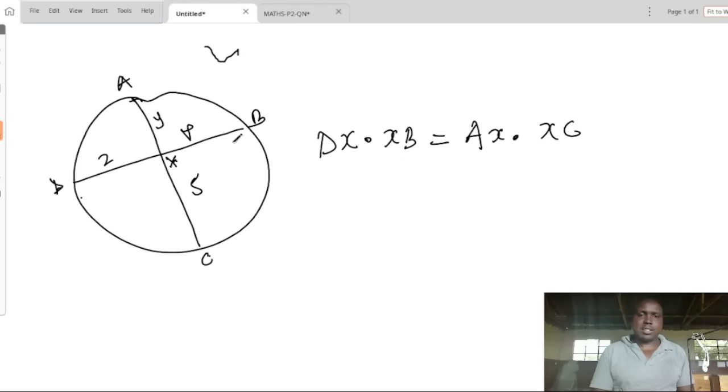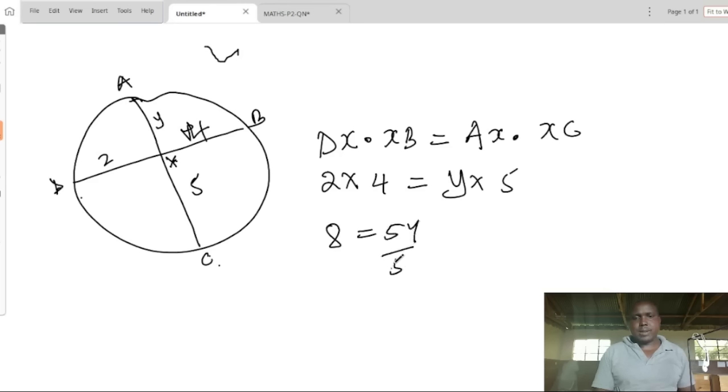In this case, if I want to get the value of Y, I will say DX, which is 2, times XB, which is 4, so 2 times 4 will be equal to AX, which is Y, times XC, which is 5. So we will have 8 is equal to 5Y. Divide by 5, divide by 5, and Y is equal to 8 over 5.